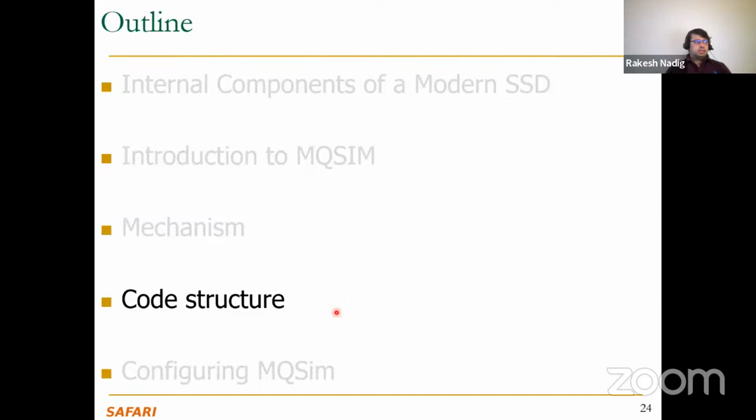Next, if you have any questions, we can discuss now, or else I'll move to the code structure and look at what the code structure in MQSim looks like, and what the different files are that we need to look at. Any questions so far?